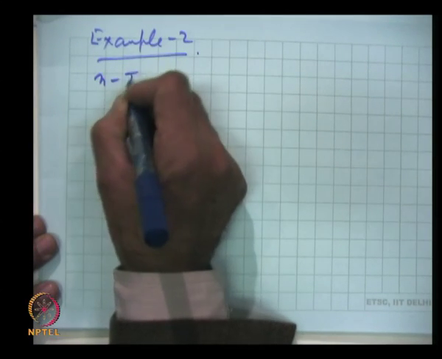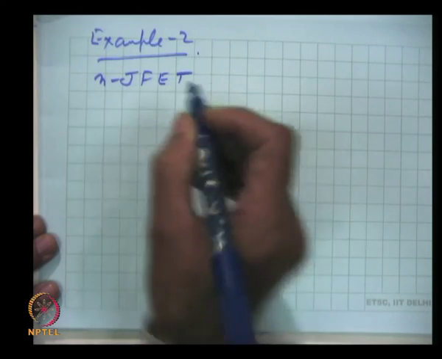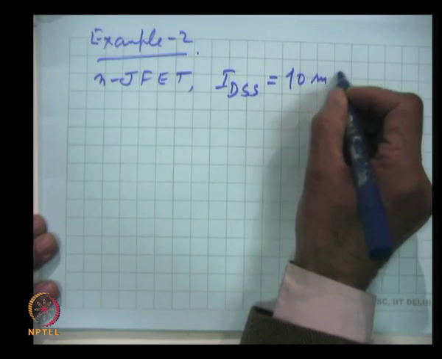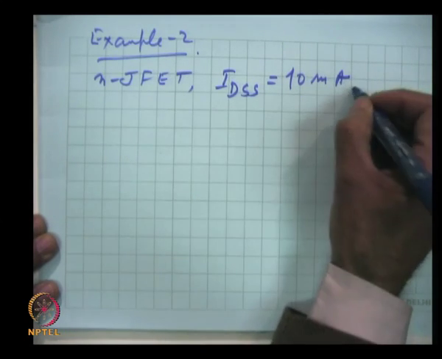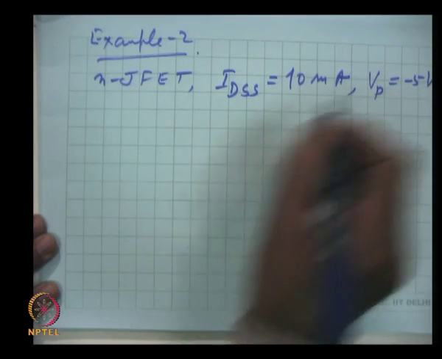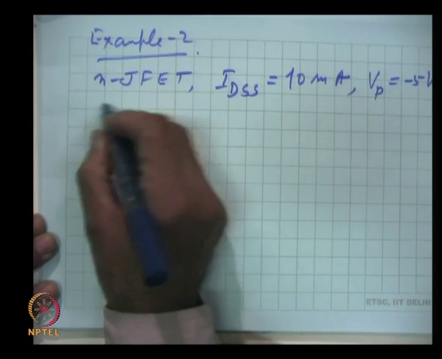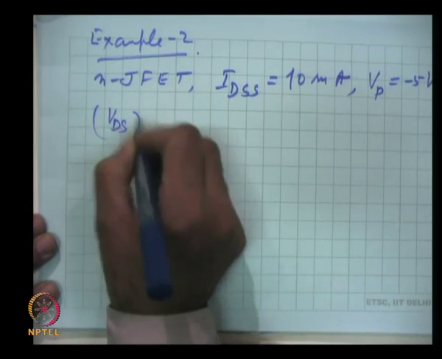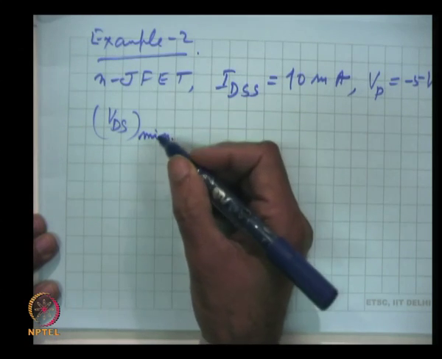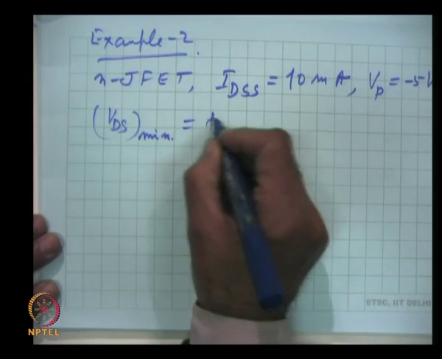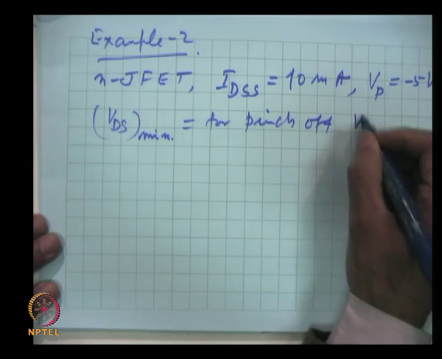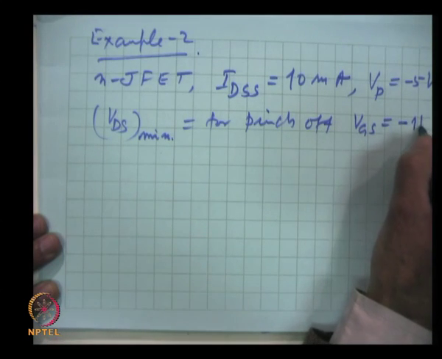Again an N JFET which has IDSS as 10 milliamperes and VP, the pinch off voltage, as minus 5 volts. Then we have to find out VDS, the minimum value of drain source voltage for pinch off when VGS is equal to minus 1 volt.